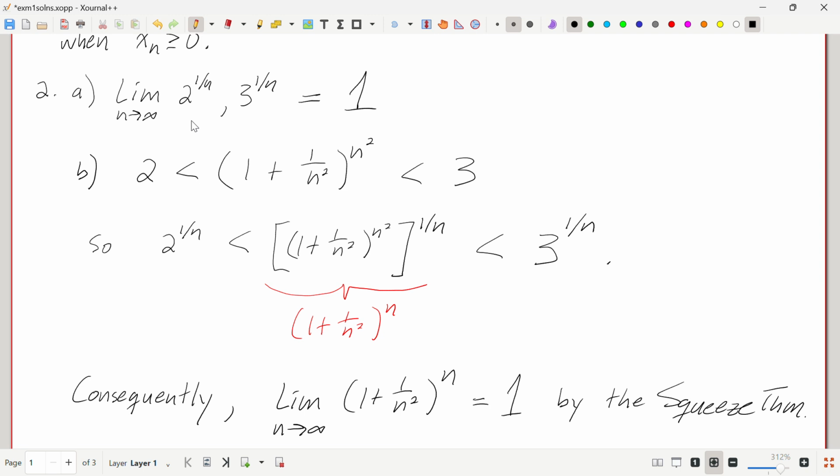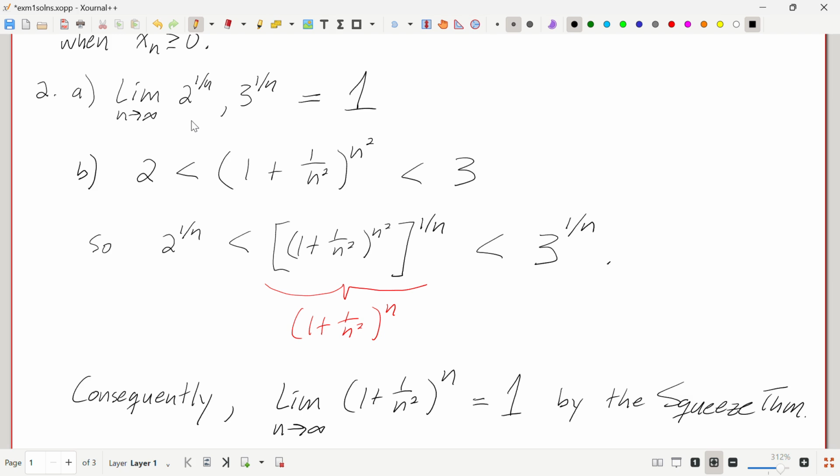And so part A was kind of screaming for the squeeze theorem. You've got that inequality there. So if you were to take 1 over n powers in that inequality, you get that 2 to the 1 over n is less than the 1 over n power of that thing in the middle, which is exactly what I asked you to analyze.